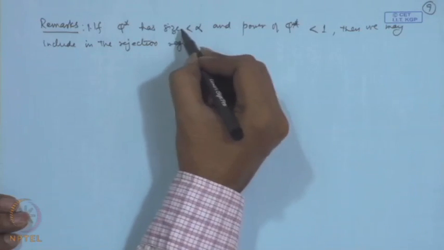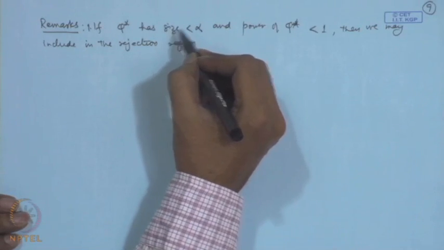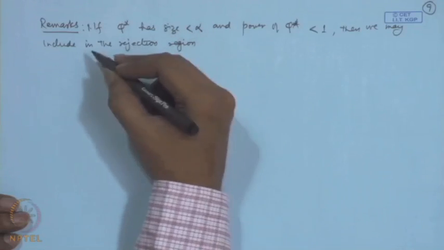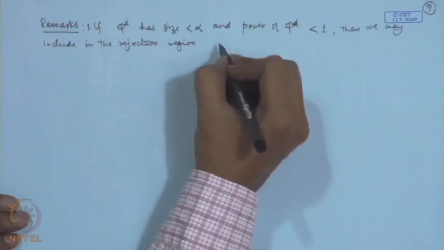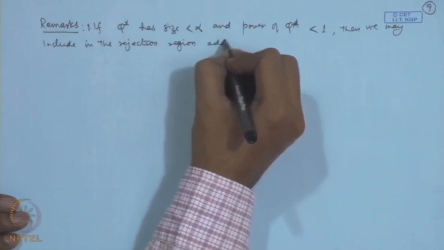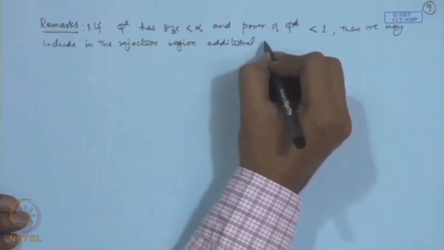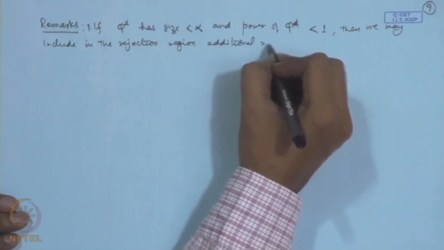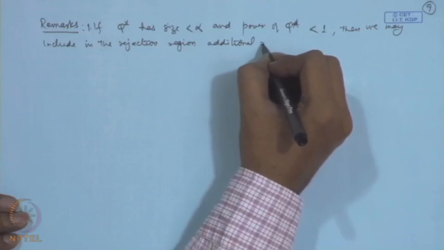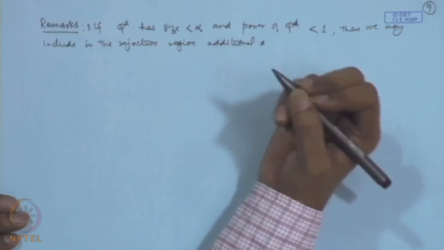See, power and the size both are related to the probability of the rejection region.